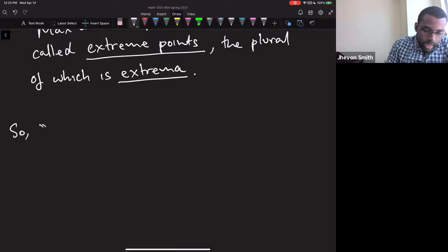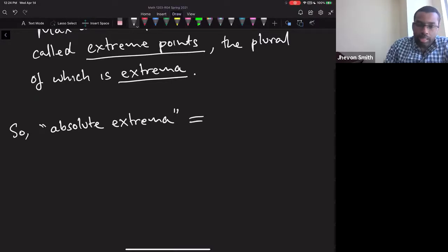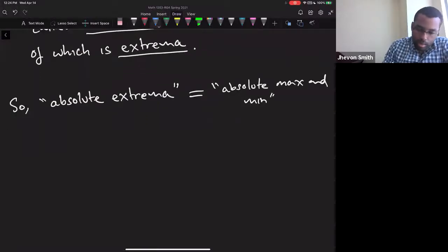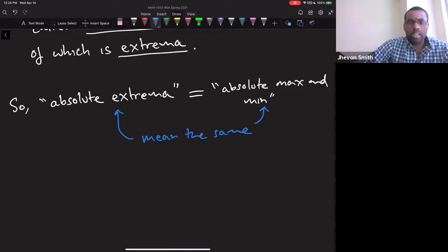If I say absolute extrema, it's the same thing as me saying absolute maximums and minimums, right? They mean the same thing. So you'll see in your textbook and homework, sometimes they say find the absolute extrema or find the global extrema. They're talking about the max and min points. Find the local extrema. They're talking about the max and min points. So instead of max and min, sometimes we call it extrema.